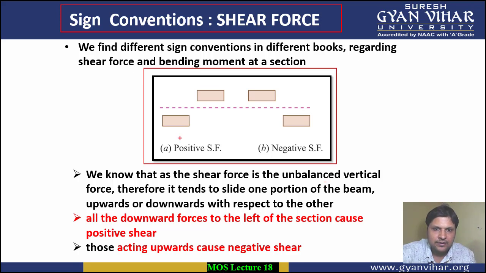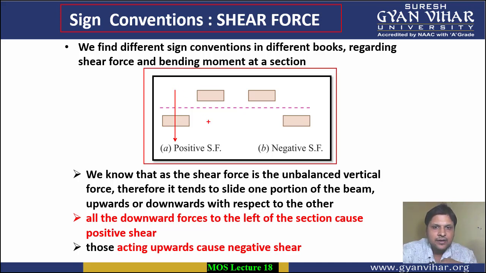You can use any of the sign conventions. Here I am using this sign convention, in which if I am considering the unbalanced force to the left of the section, then those forces on the left which are going downwards will be considered as positive.